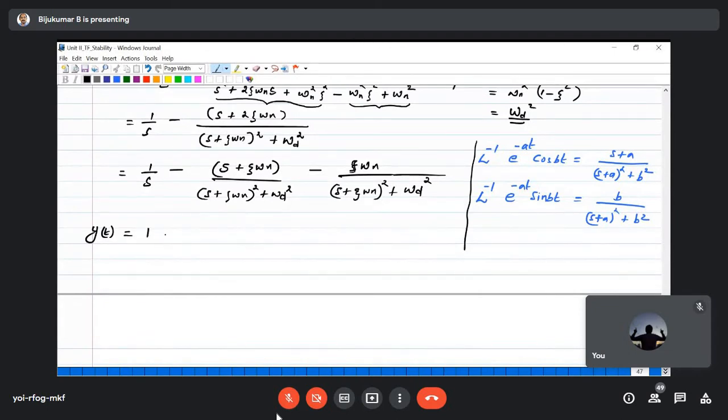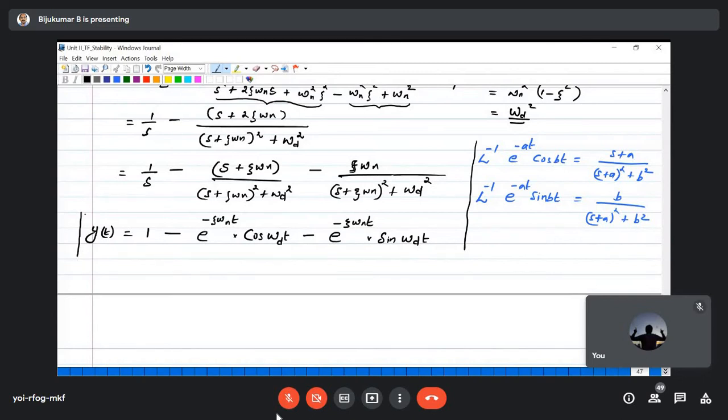So 1 by s becomes 1. What about this one? This part will become e power minus zeta omega n t cos omega dt, right? And this other part becomes minus e power minus zeta omega n t into sin omega dt.